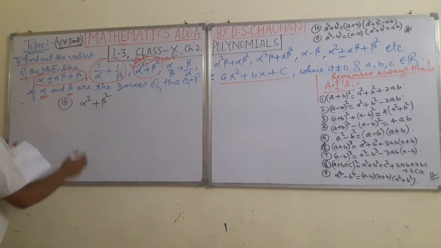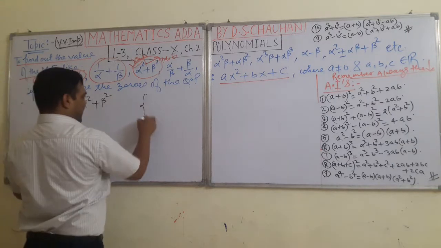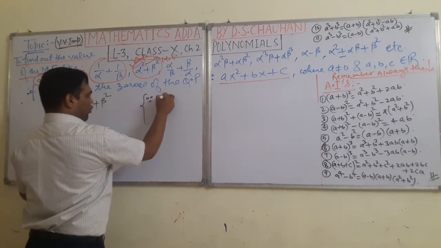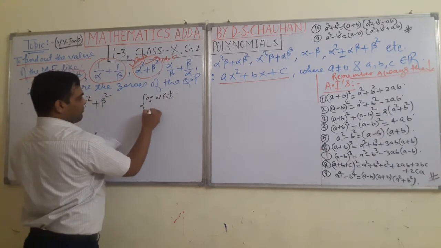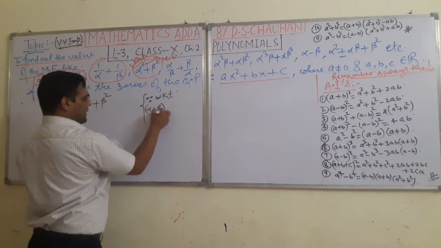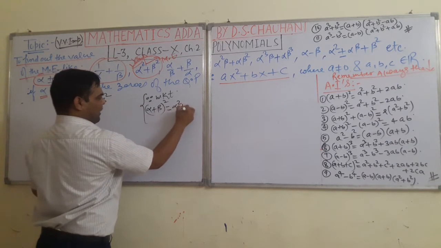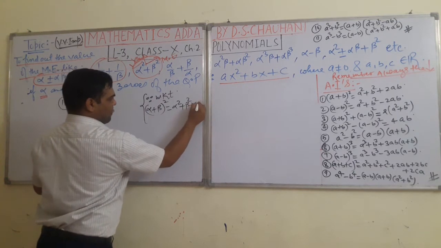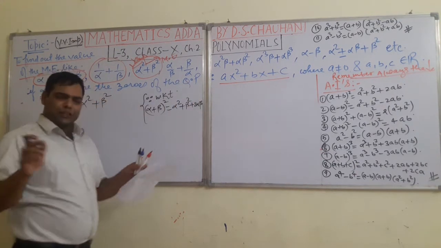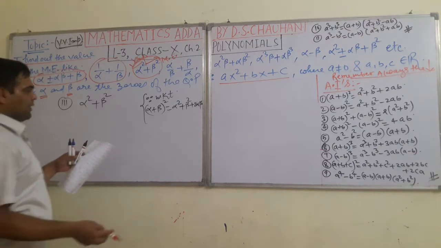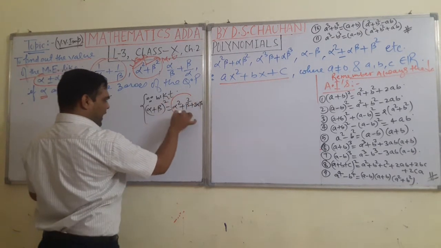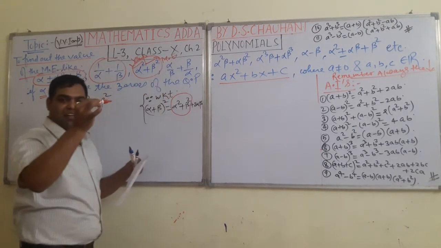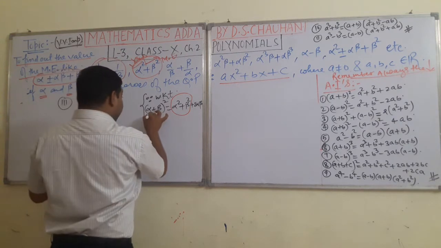Well, keeping this thing in the mind, since we know that alpha plus beta to the whole square, it is alpha square plus beta square plus 2 alpha beta. Well, students, now point out, we have to find out the value of this expression, and this is what?